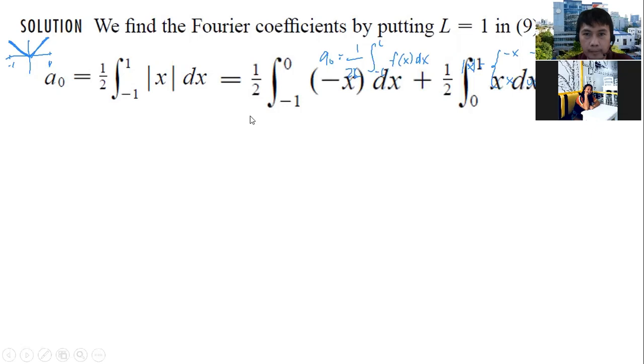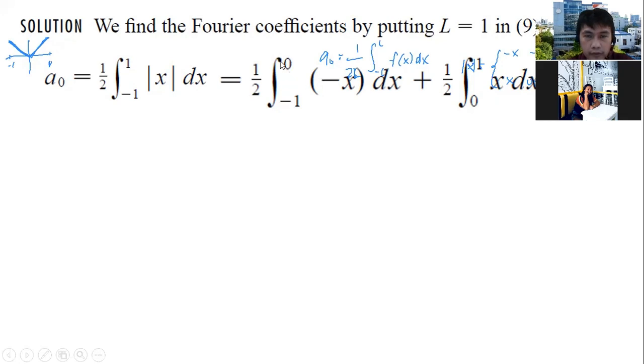So we can simplify this as equivalent to the constant value, 1 half, times the integral from negative 1 to 0. So we can break down this given function piecewise, from negative 1 to 0 and 0 to 1.